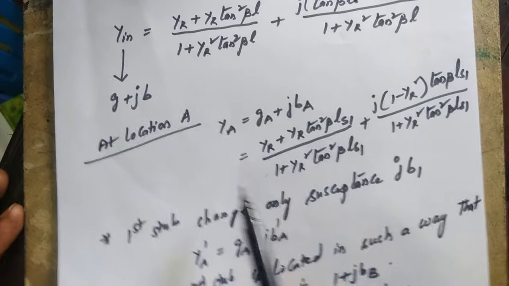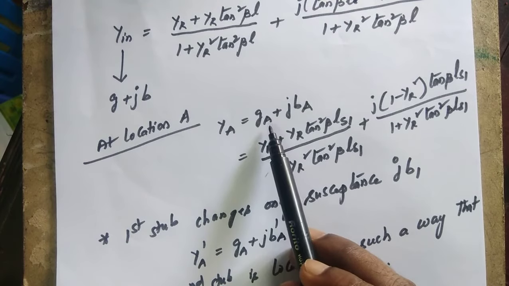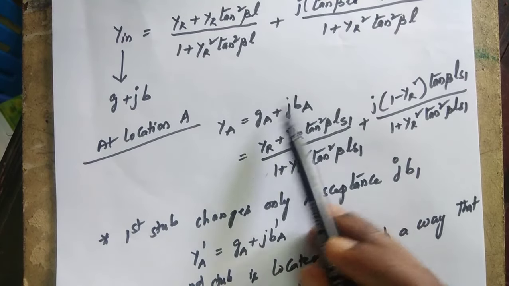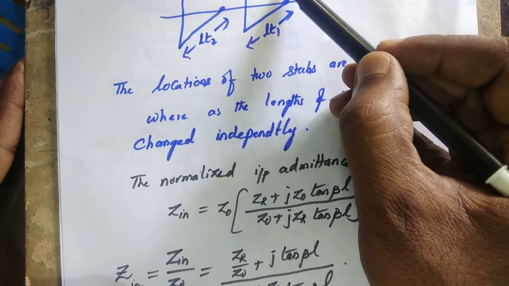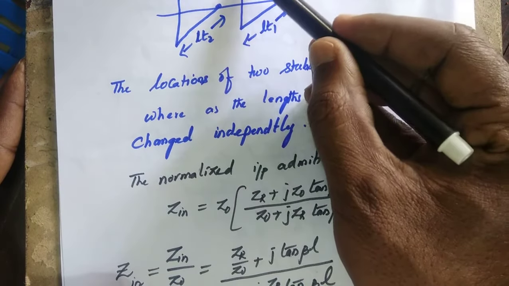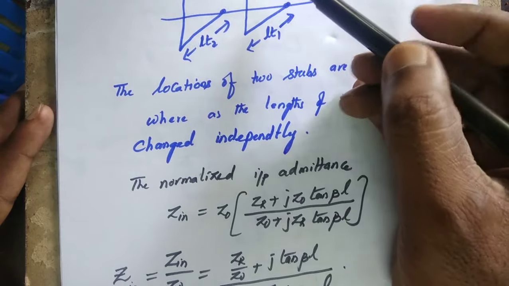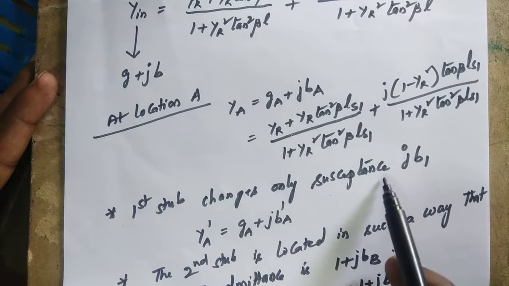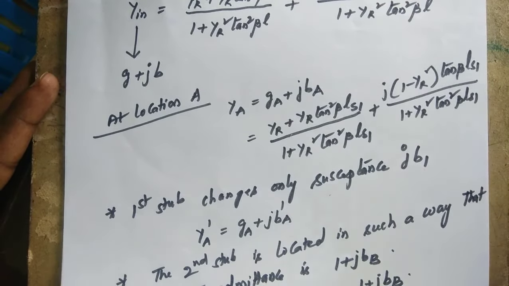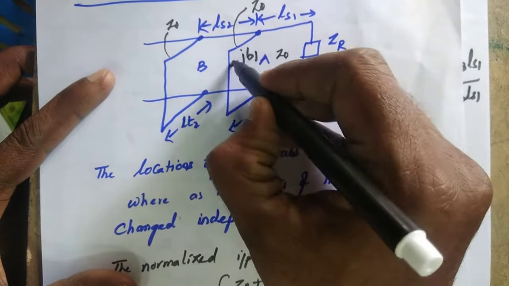See here, at location A, YA is GA plus jBA. So this is the input admittance at location A, and this is the stub location. The first stub has the susceptance jB1.